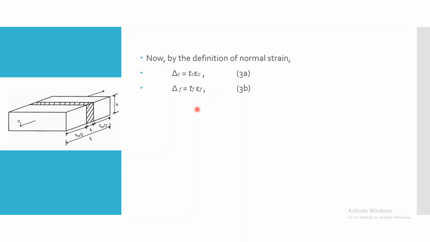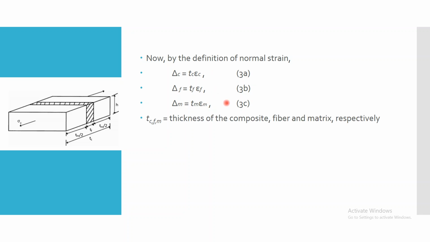Similarly, I can represent that for the fiber: delta F is equal to the original length multiplied by strain, and for the matrix, delta M is equal to the thickness of the matrix times the strain of the matrix, where T represents thickness and epsilon represents transverse strain.